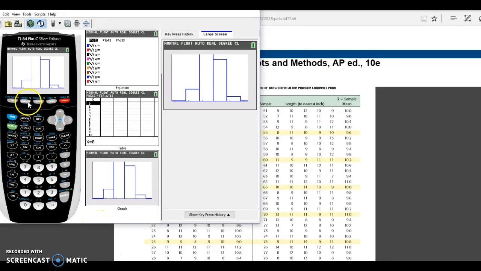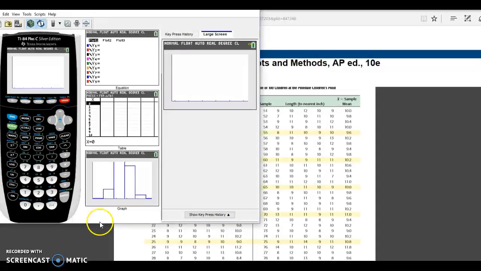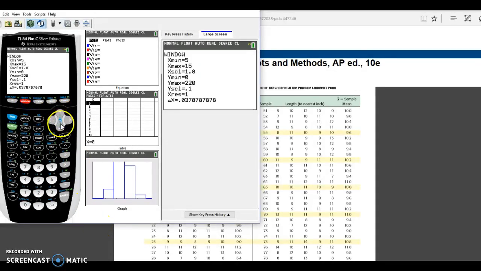Problem is, I'm going to extend the y-axis. I don't want to extend it too much. About 220. That doesn't do it either. Anyway. Let's go to 230.